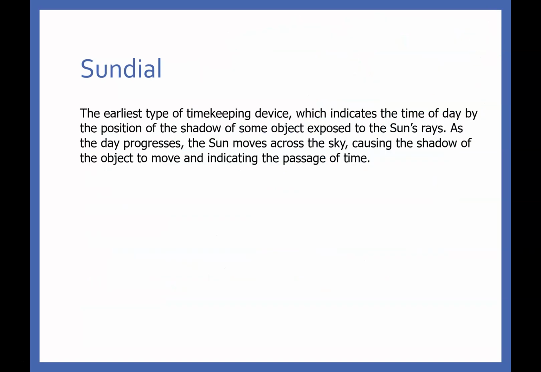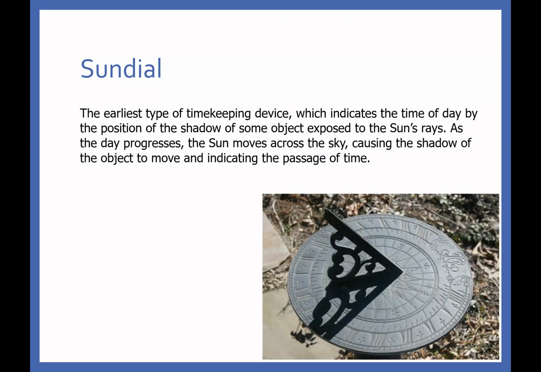Okay, so this is a sundial. You've probably seen something very similar looking to this. It's the earliest type of timekeeping device, which indicates the time of day by the position of the shadow of some object exposed to the sun's rays.